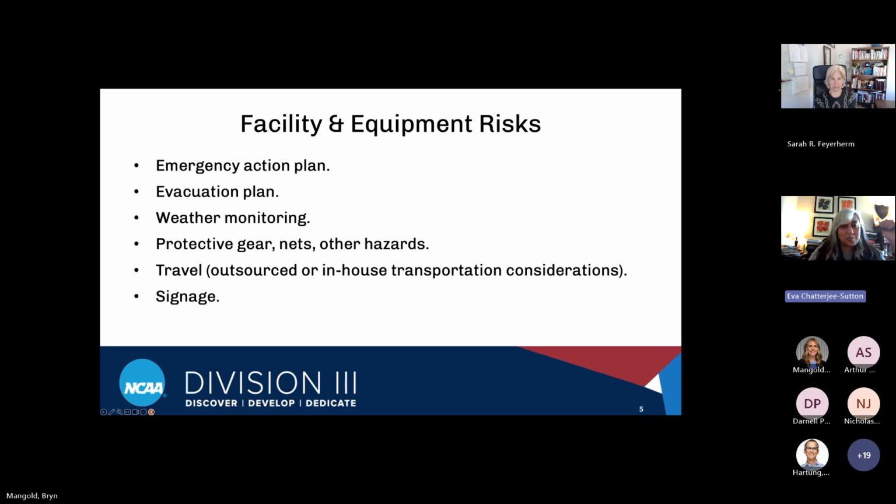And it's advisable that you also consider a very specific plan for athletics. The kinds of interactions you're having in athletics are quite different than a classroom situation or some other things that could happen on your campus. And so think about an emergency action plan in terms of a chain of command: who's going to take point in situations, and where does communication live?